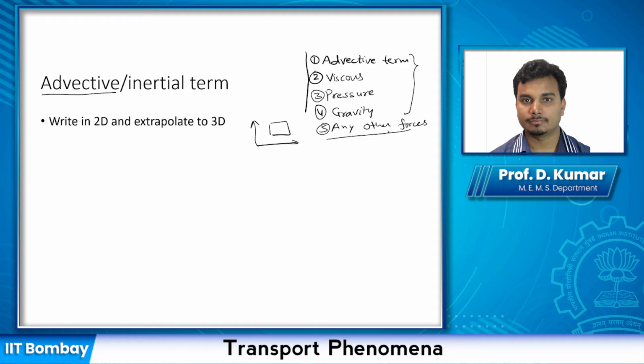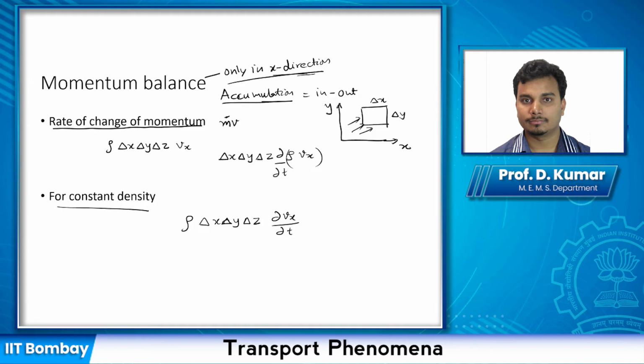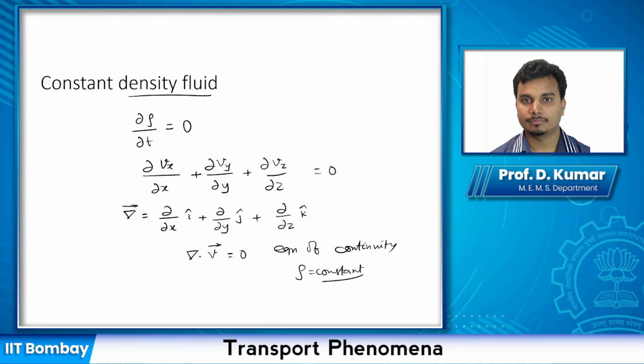Okay. So in this situation, we want to write what is momentum going in from these surfaces. So momentum in we can write as, so first we want to see how much mass is going in from this surface, and that we know from this discussion here how much mass is going.